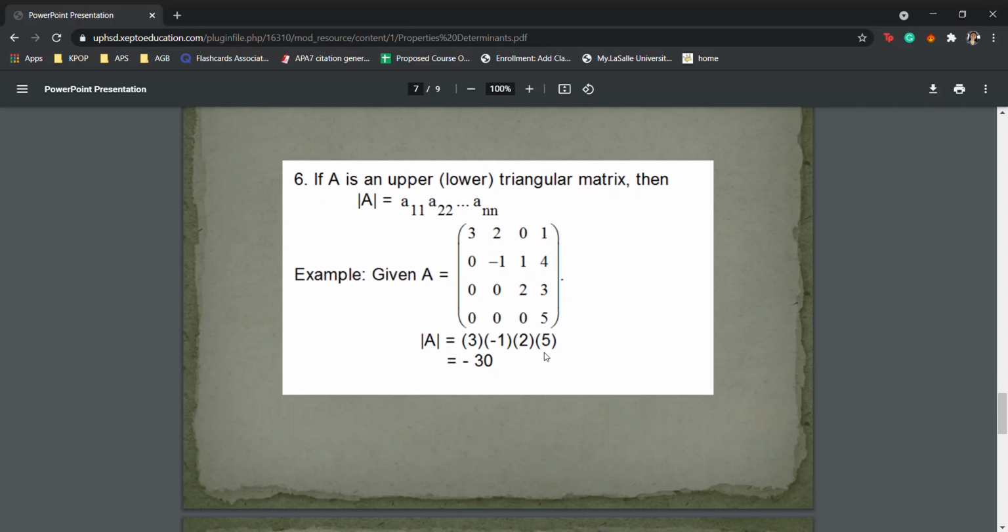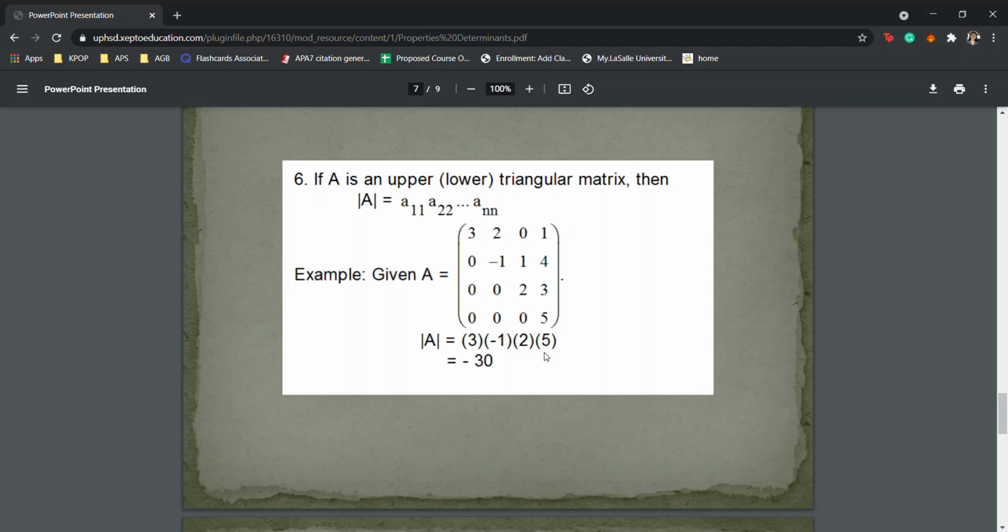If A is an upper or a lower triangular matrix, or a diagonal matrix, the determinant of the matrix is simply the product of the elements along the main diagonal.